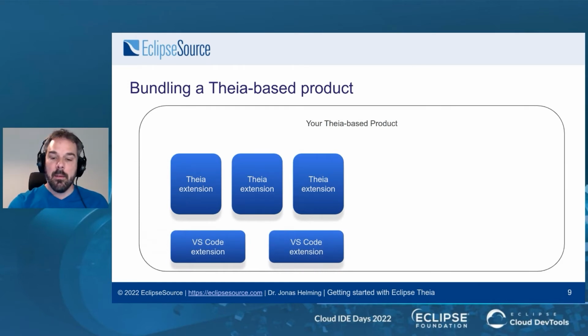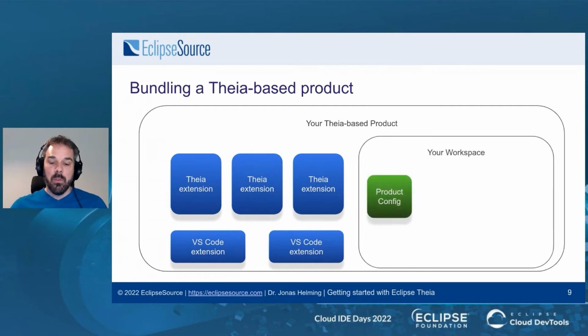And these extensions can be existing extensions that you reuse, and it can be both. If you want to do that, you only need a product configuration that basically lists all the existing extensions that you combine, and then you can already build a Theia-based product without even writing any custom code.